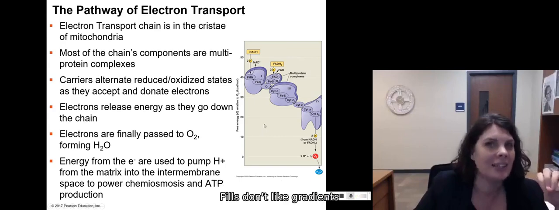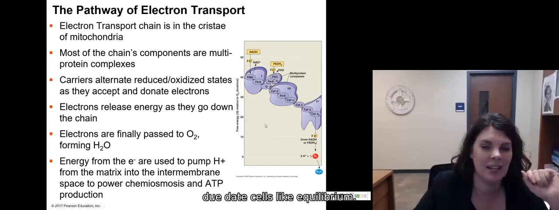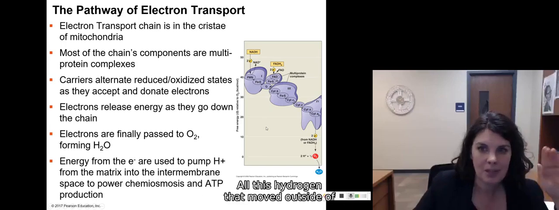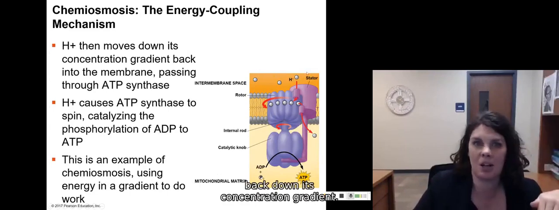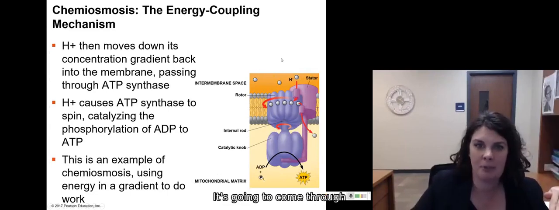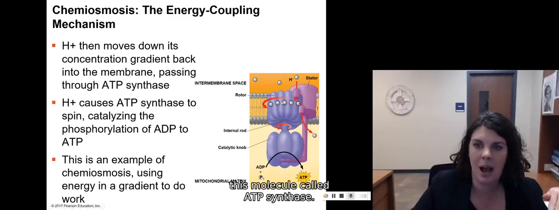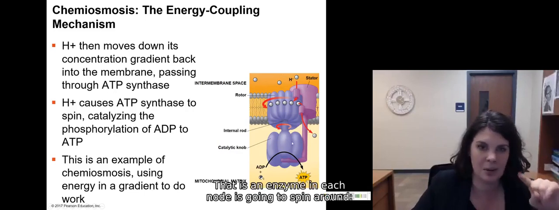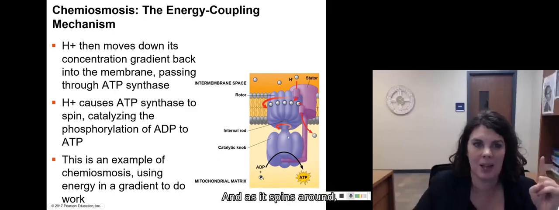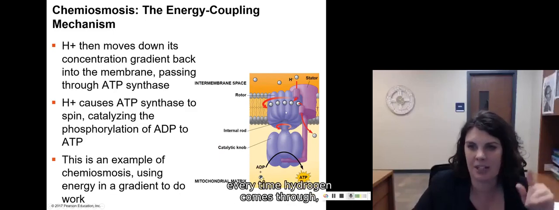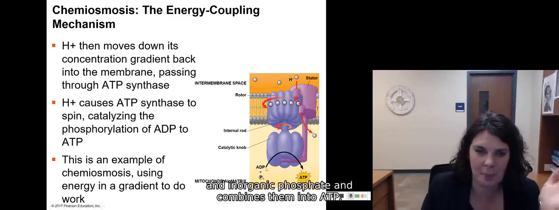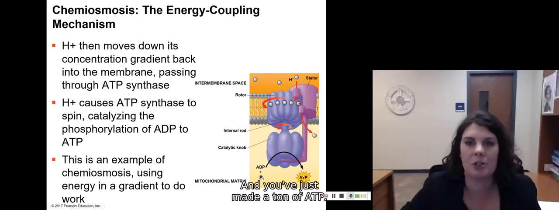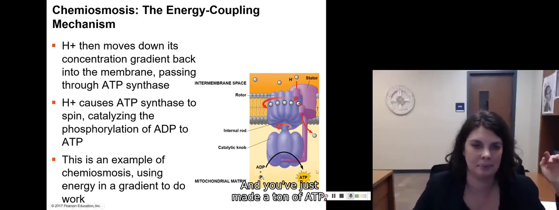So we now have a gradient. And cells don't like gradients, do they? Cells like equilibrium. So all this hydrogen that moved outside of the cell is going to come back down its concentration gradient. It's going to come through this molecule called ATP synthase. ATP synthase, that is an enzyme you need to know, is going to spin around. And as it spins around, every time hydrogen comes through, it takes ADP and inorganic phosphate and combines them into ATP. And you have just made a ton of ATP.